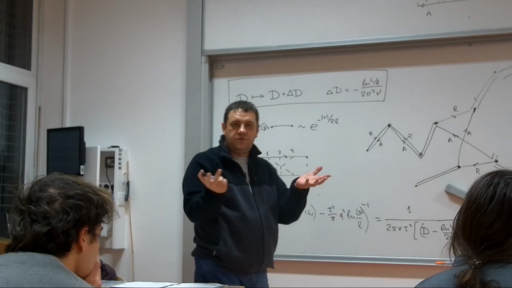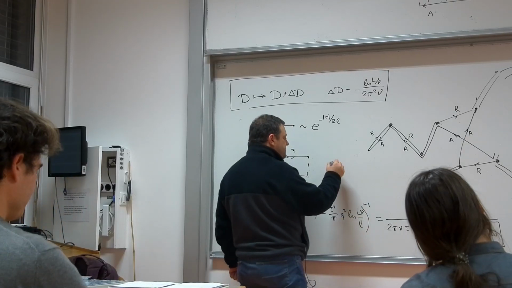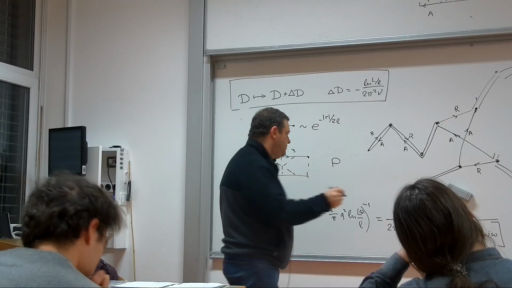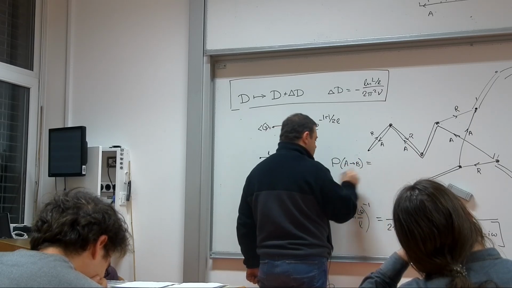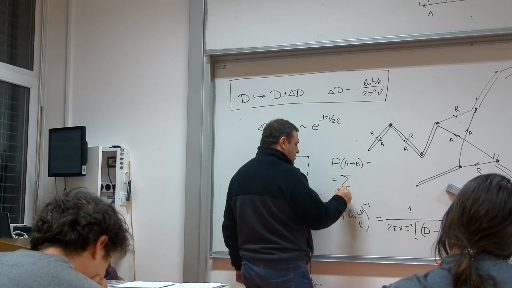So what does this quantum correction actually do? It tells us that the total probability to go from point A to point B equals a sum over all trajectories.